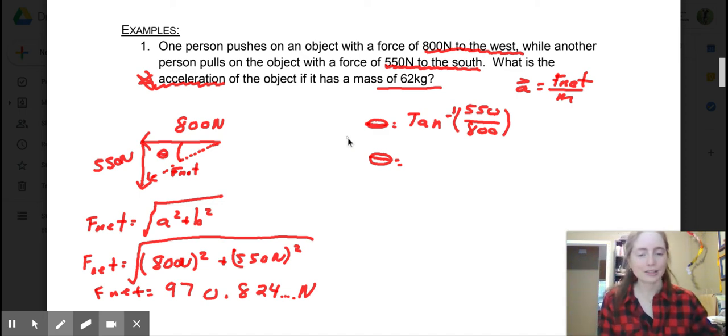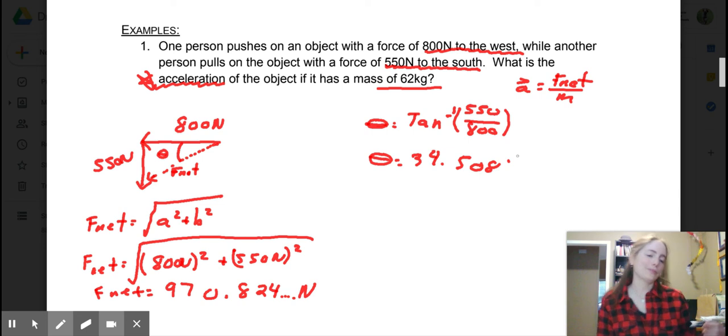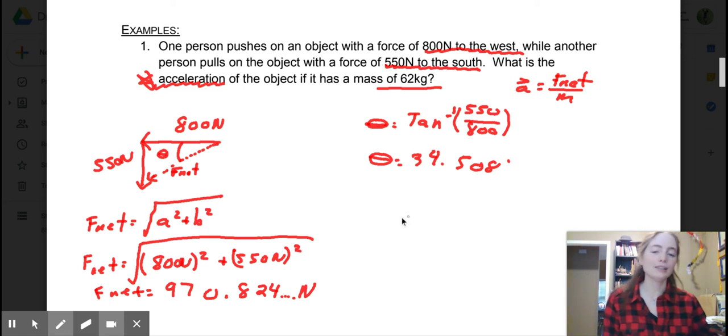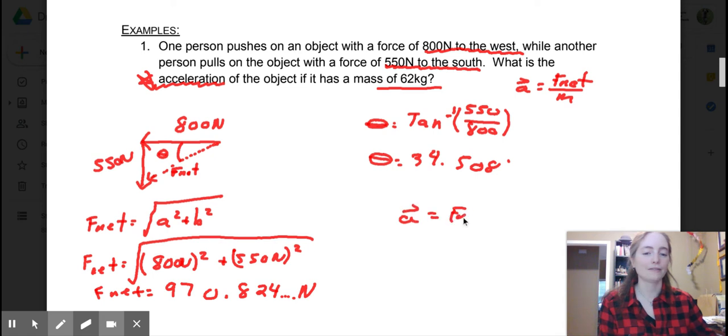Okay. So your angle, ladies and gentlemen, is going to be here 34.508 degrees. Once again, I'm not going to round yet. I'm going to wait till I get my final answer, which is going to be acceleration. So because my acceleration is F net over my mass, well, we've been given the mass of the object as 62 kilograms.